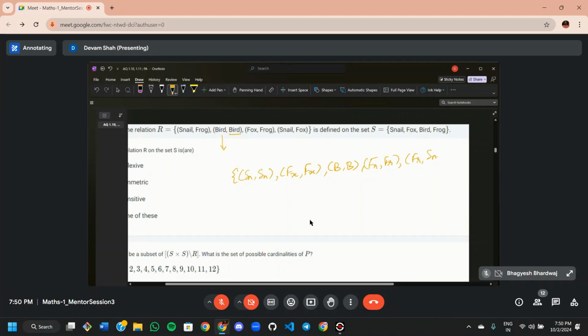Now, if we have this term, this is reflexive, okay, but it is not symmetric. Is it transitive?